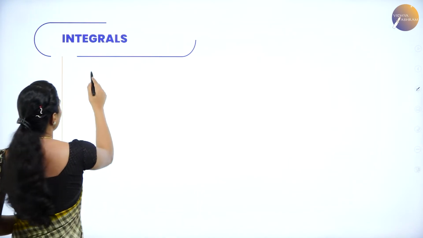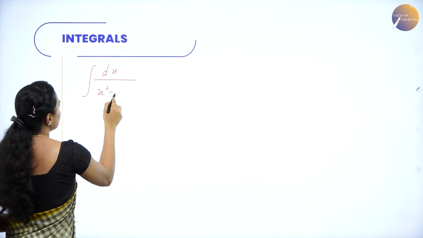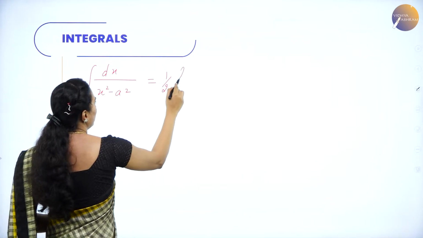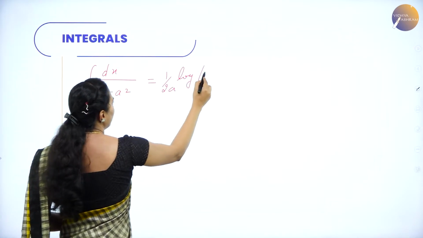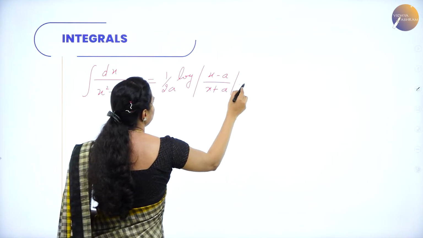The formula is given like this: integral of dx divided by x squared minus a squared is nothing but 1 divided by 2a into log of modulus of x minus a divided by x plus a plus c.